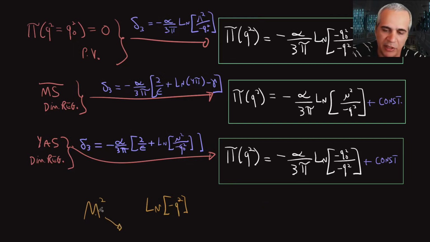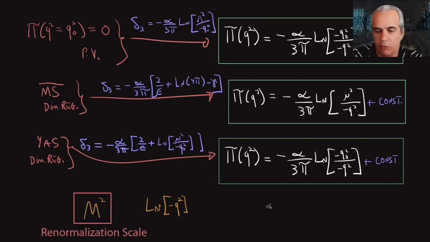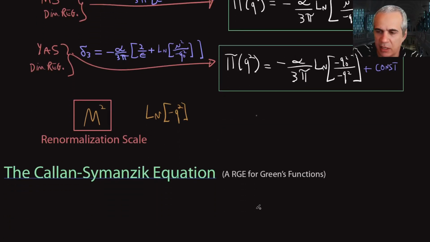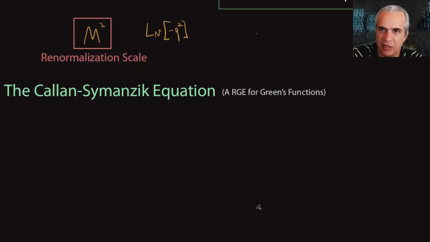It's just the renormalization scale in terms of which I'll write a differential equation. With that in mind, let's see the first example of a renormalization group equation, which is the so-called Callan-Symanzik equation. In this case it will be an RGE, a renormalization group equation for a green function. So let's start with a green function.